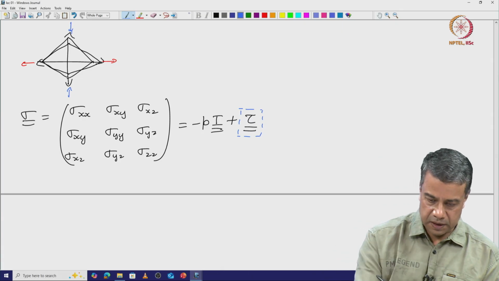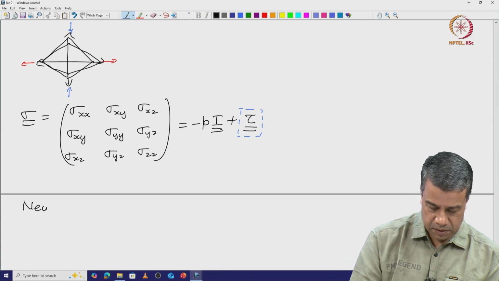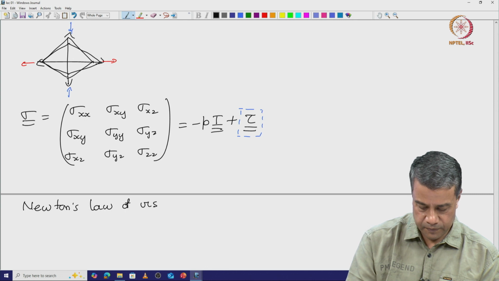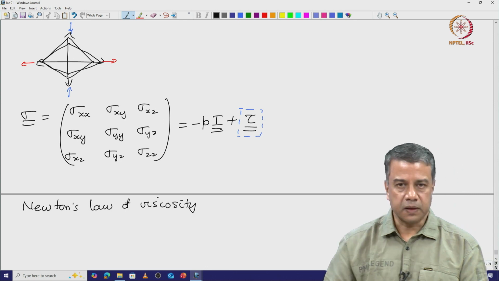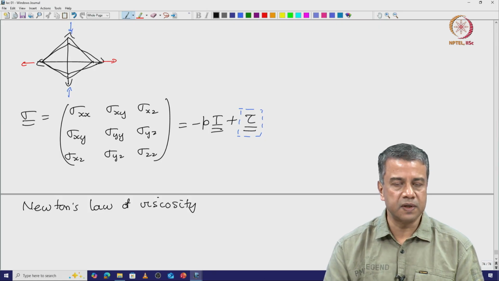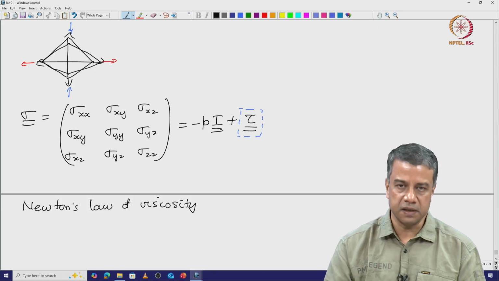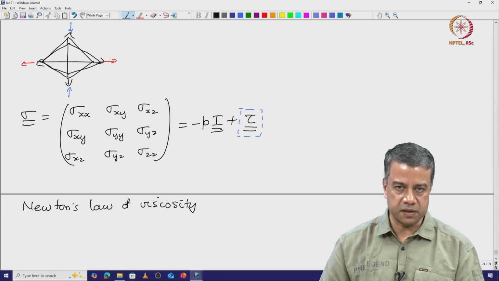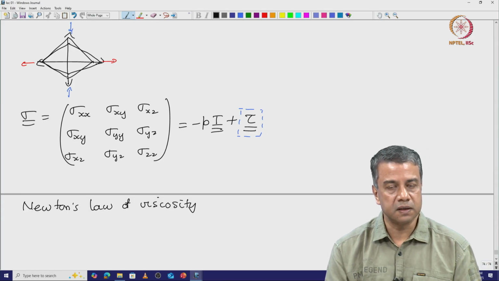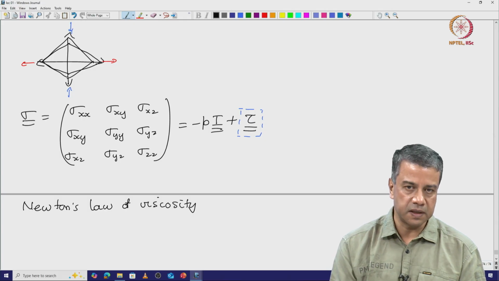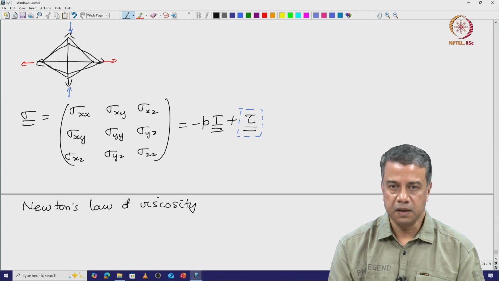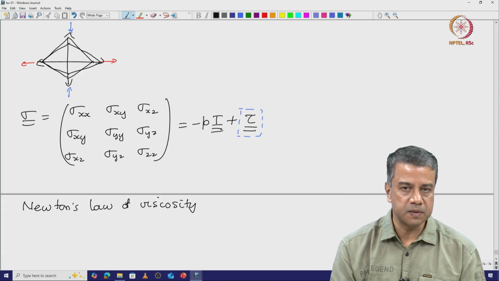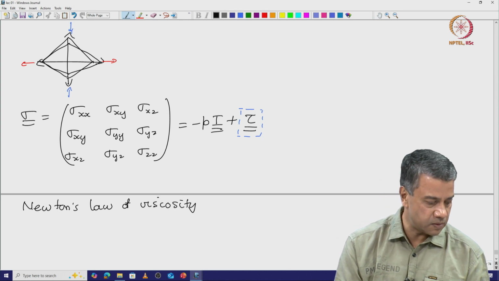Now, Newton's law of viscosity is determined assuming that the relation between the stress and the velocity gradient is a linear relationship, just as the relationship between the mass flux and the concentration gradient is linear with diffusion coefficient D, or the relationship between the heat flux and the temperature gradient is linear. So, in this case the relationship between the shear stress and the velocity gradient is assumed to be linear.